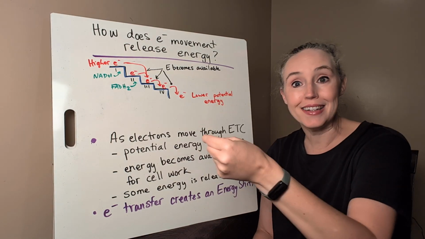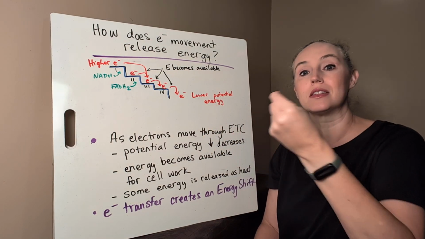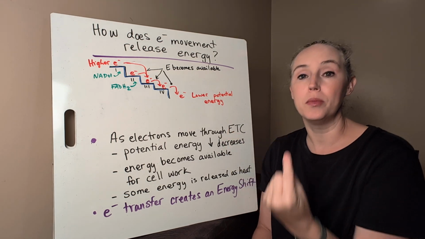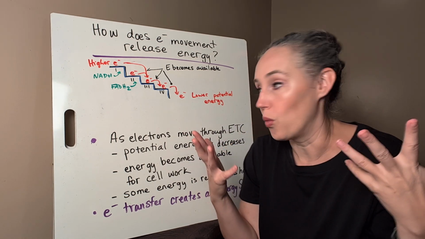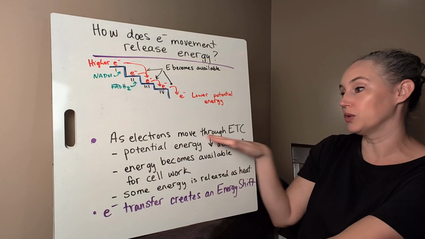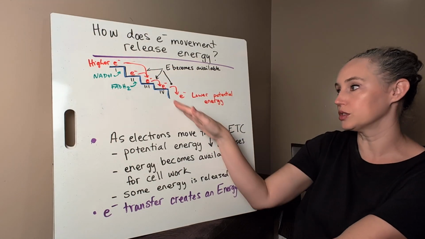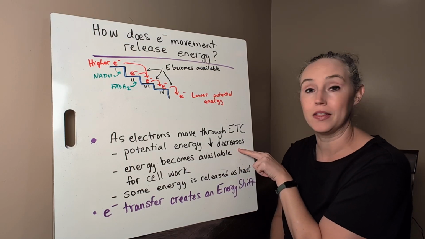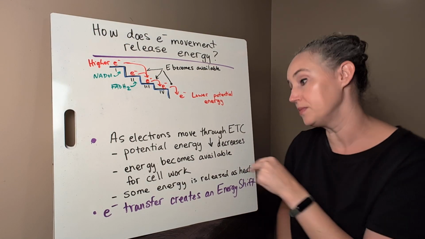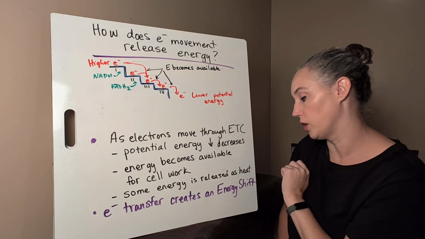And remember, it's the movement itself that allows the energy to become available for cell work. So as electrons move through the electron transport chain, potential energy decreases, and the rest of the energy becomes available to do cell work.